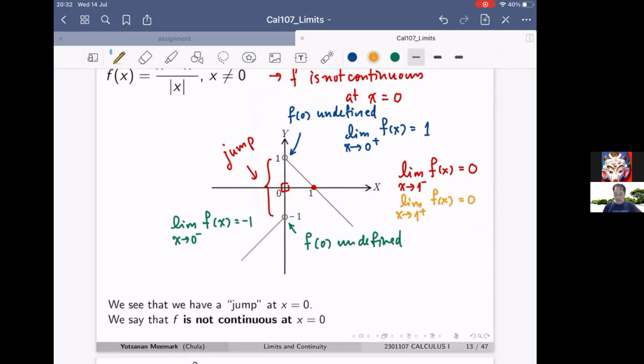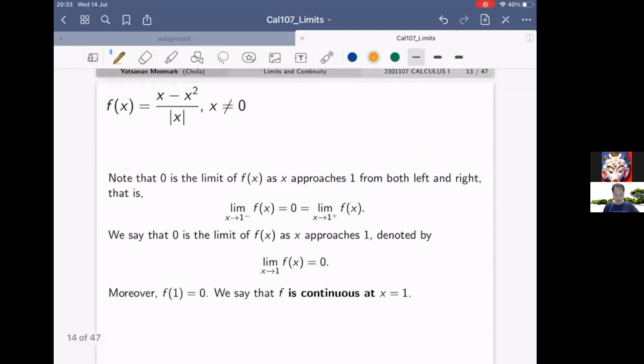If this kind of thing happens, it means the limit from the left or from the right is the same. So we say that the limit as x goes to 1 of f of x, either way, will equal 0.